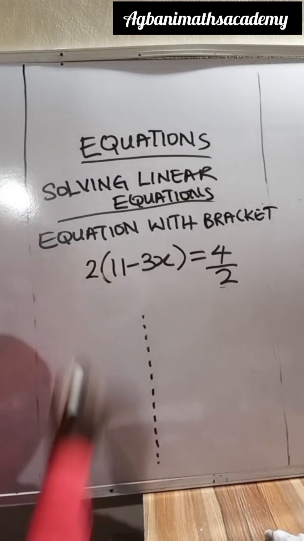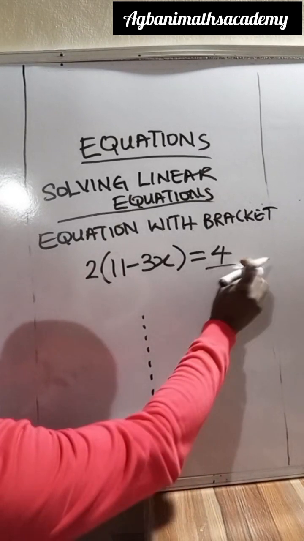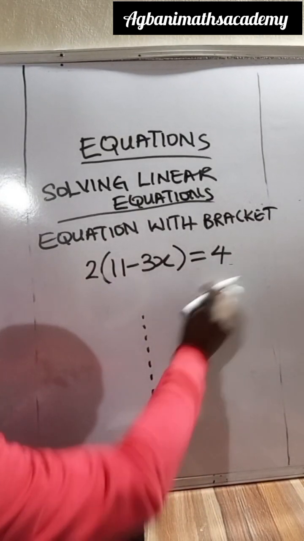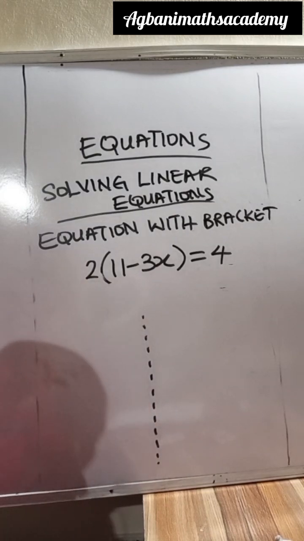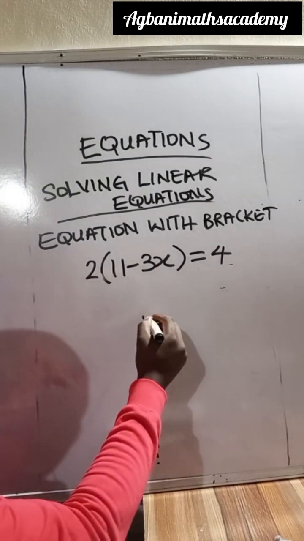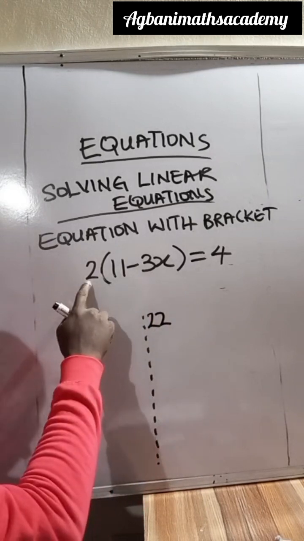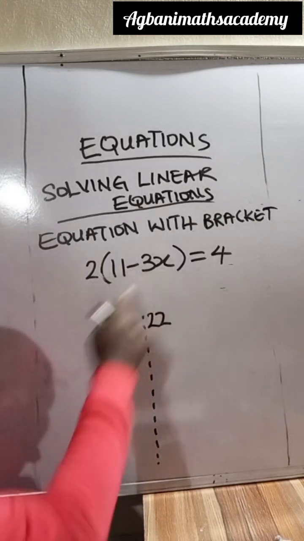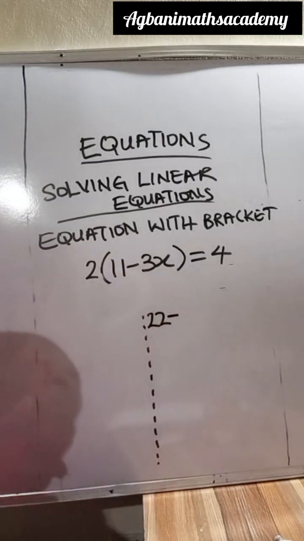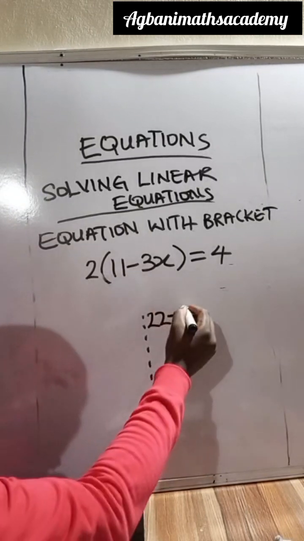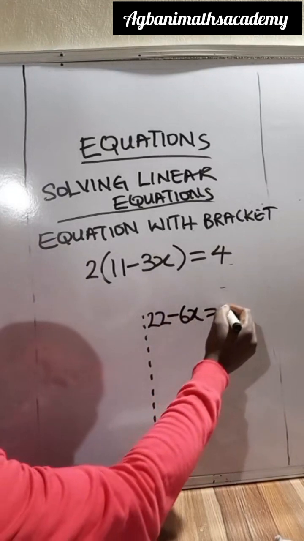What I did earlier was multiply what is outside the bracket by what is inside the bracket. So 2 multiplied by 11 gives us 22. 2 multiplied by minus 3x, we bring the minus sign down, and 2 multiplied by 3x gives us 6x, is equal to 4.